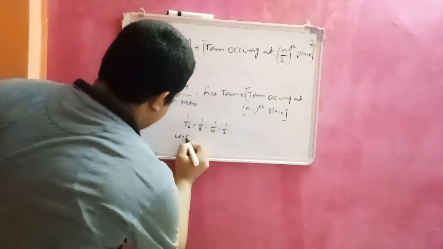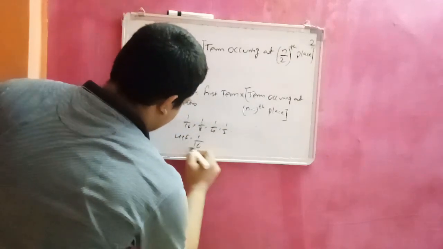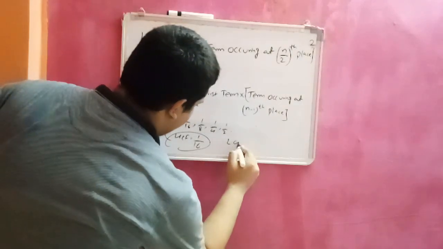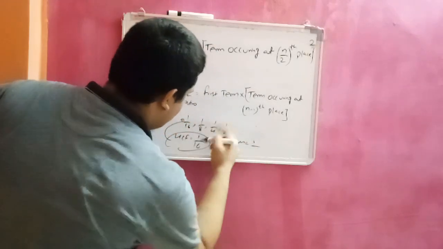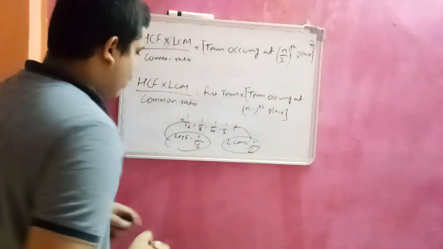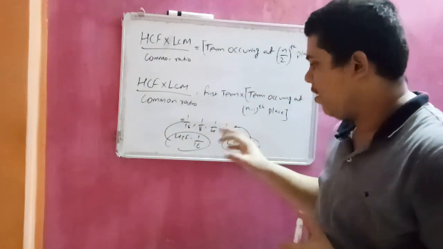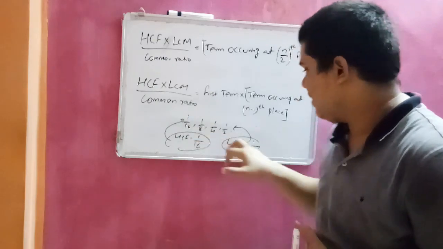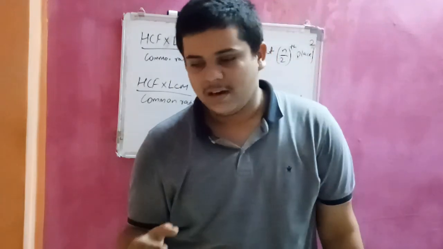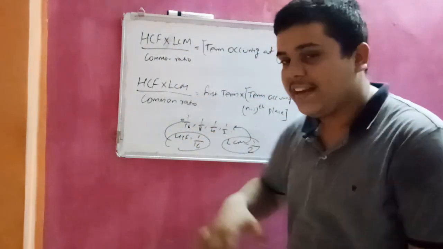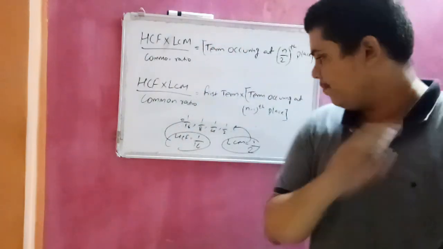Its HCF is HCF of numerator, 1, by LCM of denominator, 16, that is first term, and LCM is LCM of numerator, that is 1, by HCF of denominator, that is 2, last term. I found that if we take a geometric progression having positive fractions in increasing order, HCF is always first term and LCM always last term. And if we reverse it, in decreasing order, then HCF is always last term and LCM is always first term.